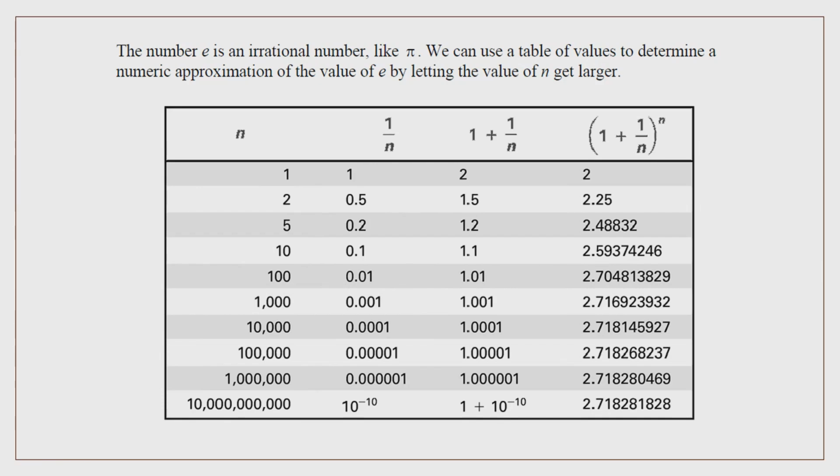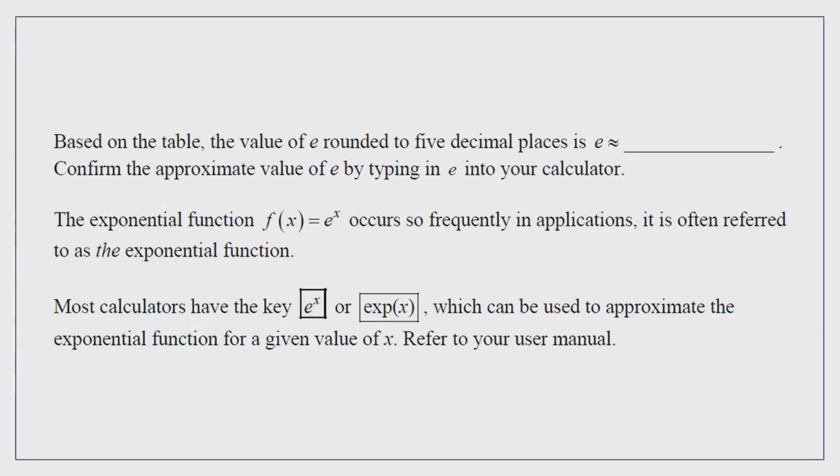When we add 1, we get the next set of values, which then we can raise to the power n, which then gives us the values of e at a respective n. So based on the table, the value of e rounded to 5 decimal places is 2.71828.